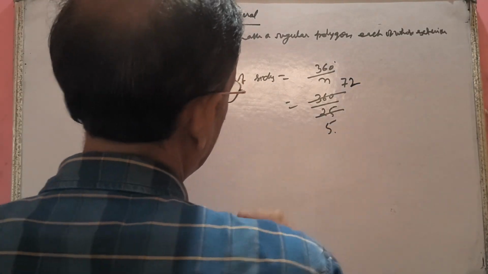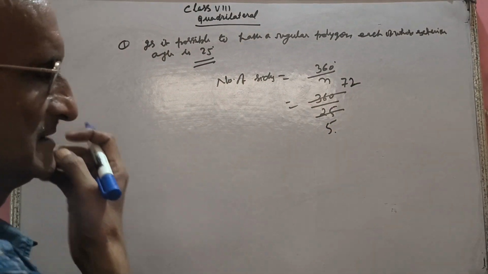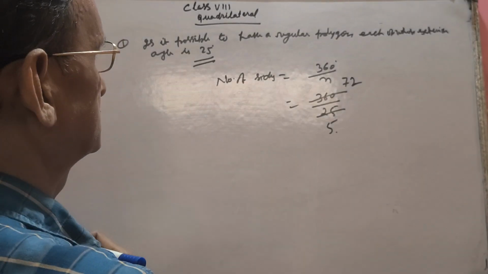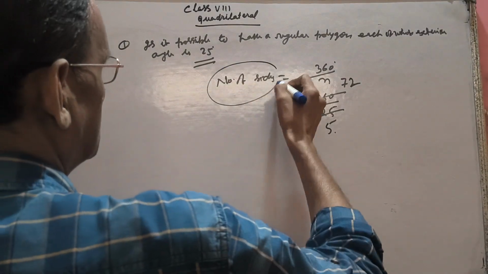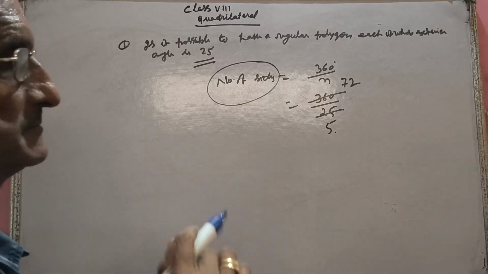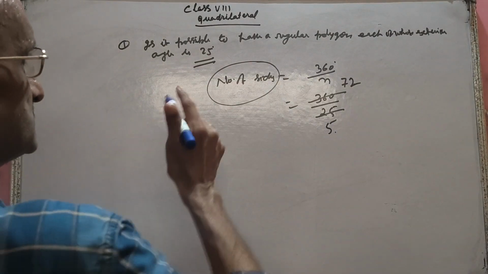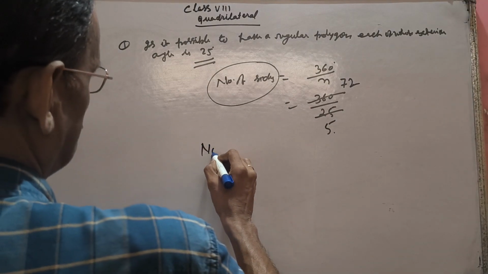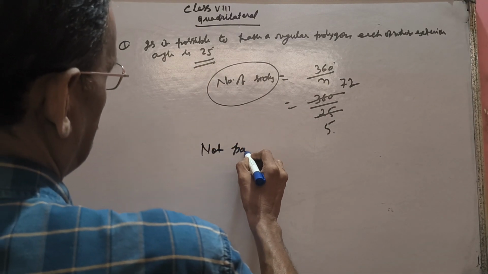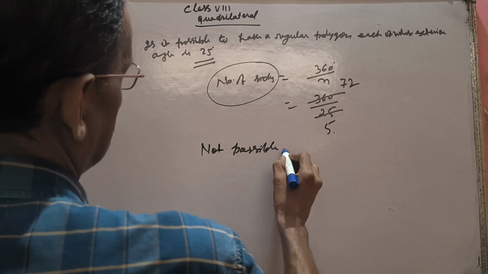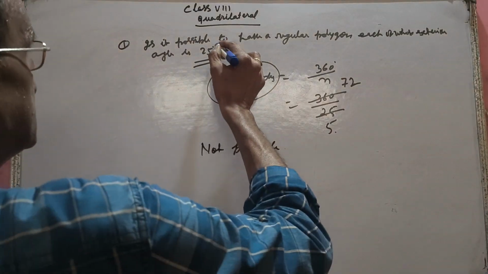This 72 is not divisible by 5, so we are getting a fraction. The number of sides must be a whole number, so it cannot be a fraction. So it is not possible to have a regular polygon with this exterior angle.